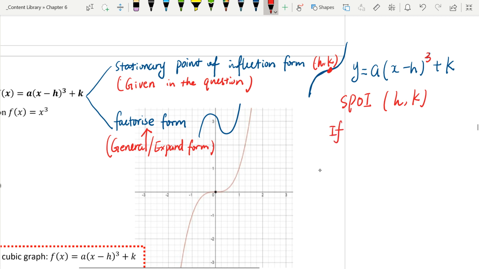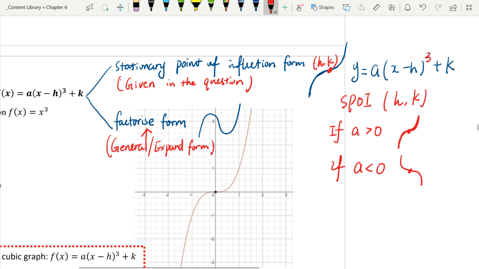If a is positive, we get an increasing shape. If a is negative, we have a decreasing shape. But the stationary point of inflection is always (h, k). And you know how to find the x and y intercepts. We can find that later.